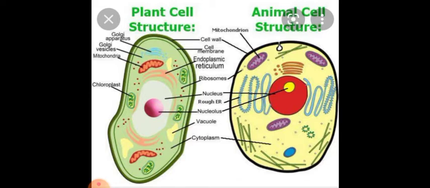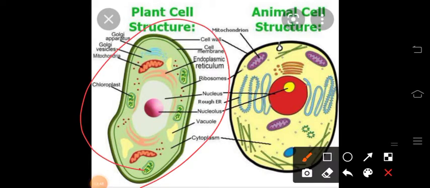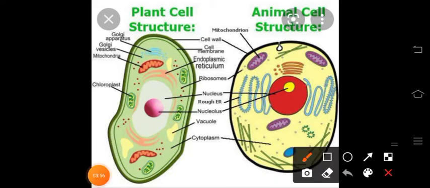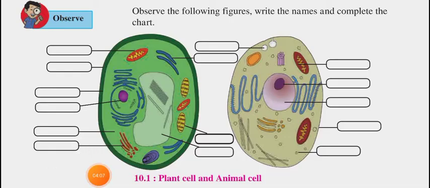So this is about the structure of your plant cell and animal cell. Please observe the names and write them down in your textbook. In the textbook, we have to fill in the names. Just please observe this screen and write down the names in your textbook. So the same diagram I have shown you with the names.